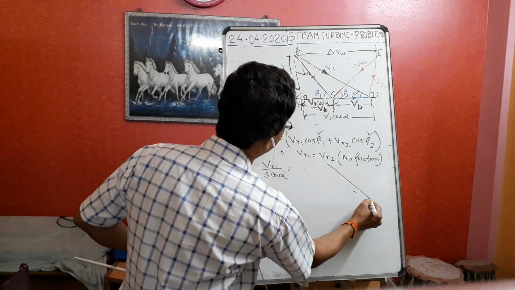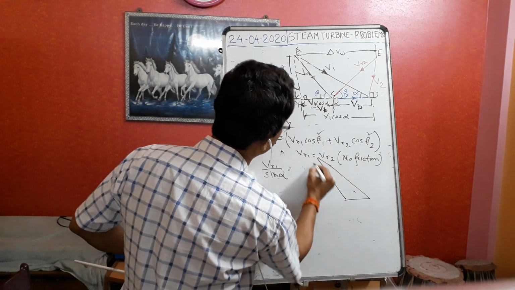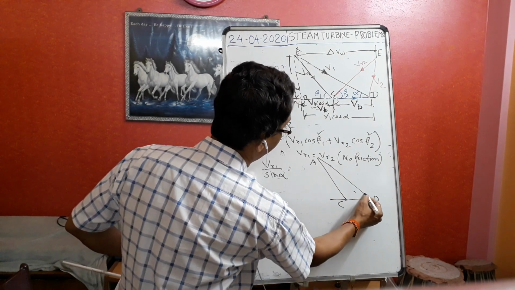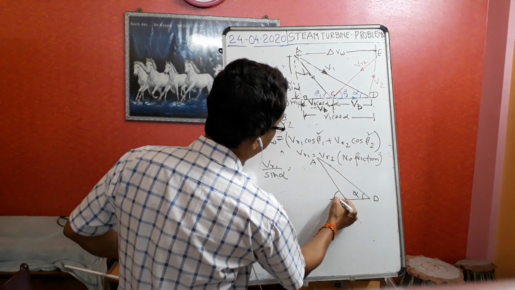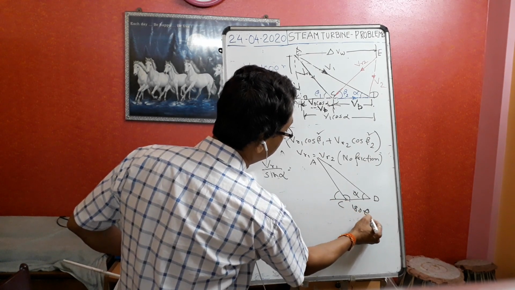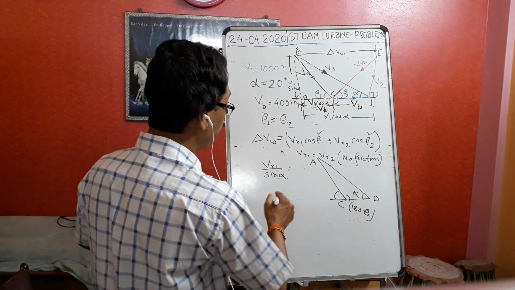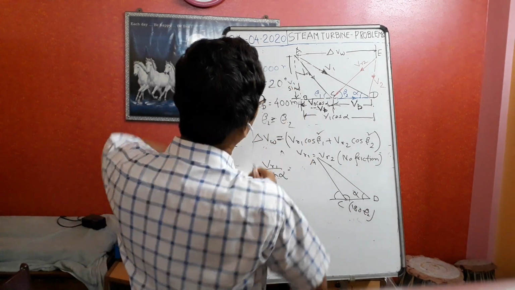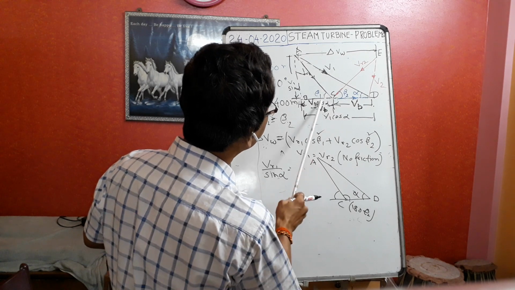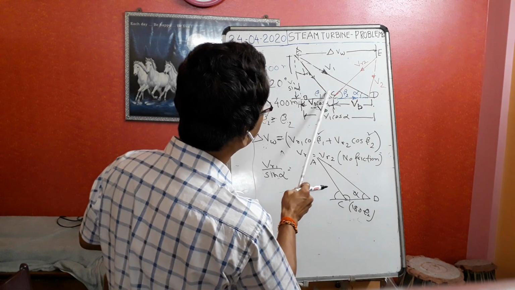Let us draw it this way. This is our triangle: this is A, this is C, this is D. This angle is alpha, this angle is beta 1, beta 2. Then this angle is 180 minus beta 1. So we can write Vr1 by sin alpha is equal to V1 by sin(180 minus beta 1).